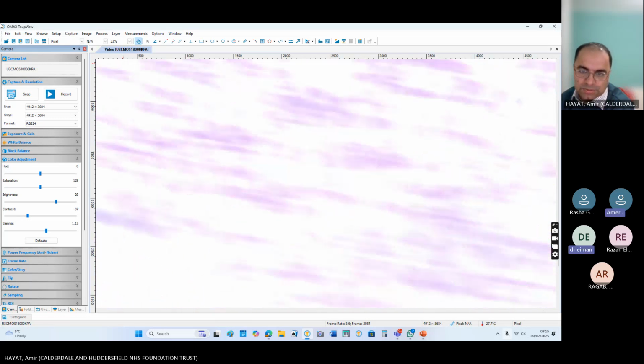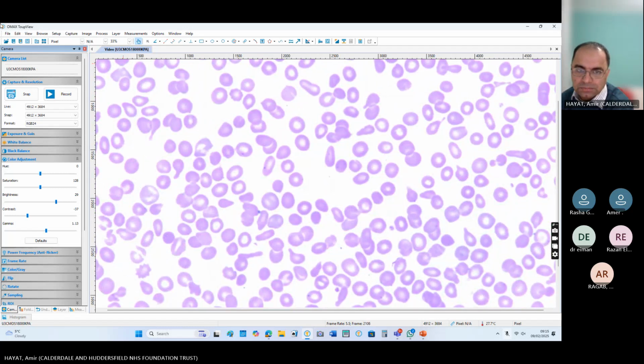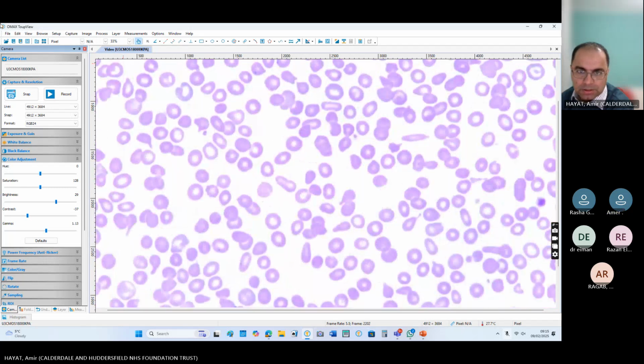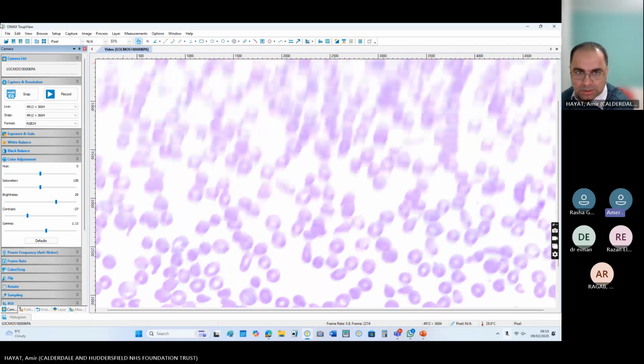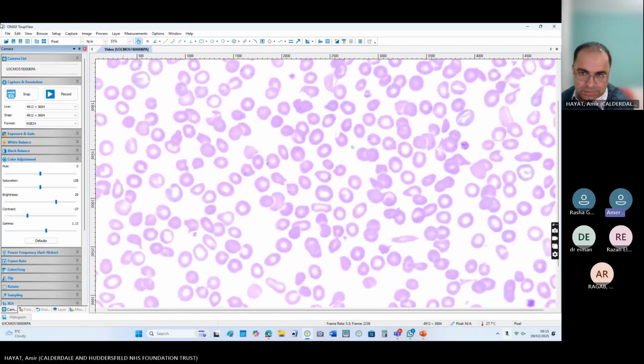So there is a lot of teardrops that you have noticed. There are Howell-Jolly bodies. There were few target cells. There is hypochromia as well.